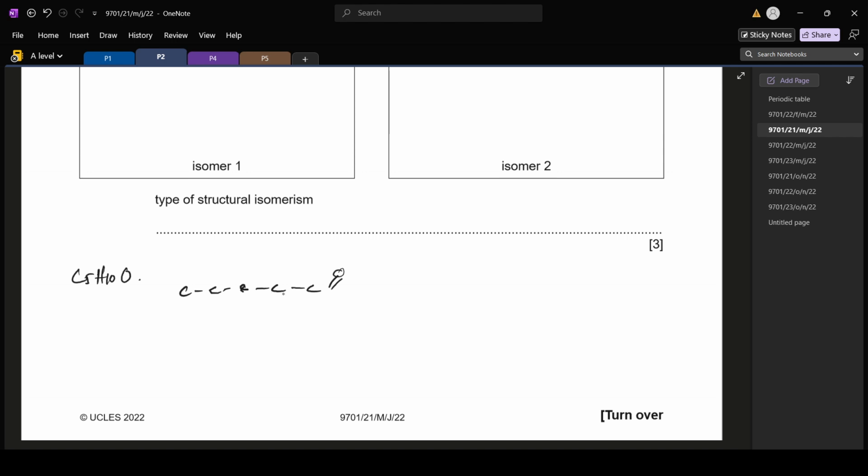This is the first one, the simple one, and the second one is going to be a branched isomer.